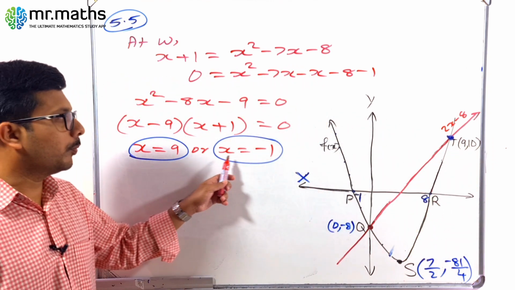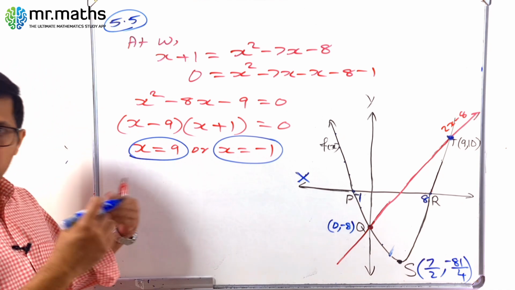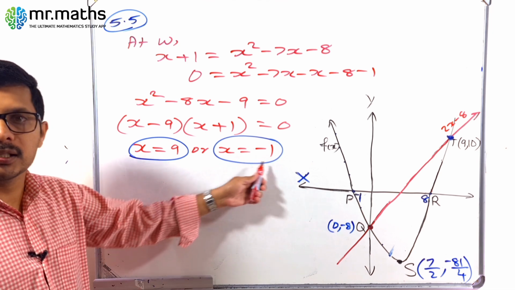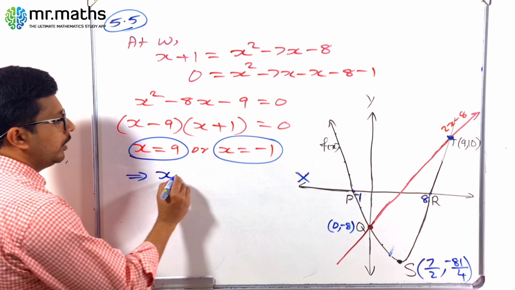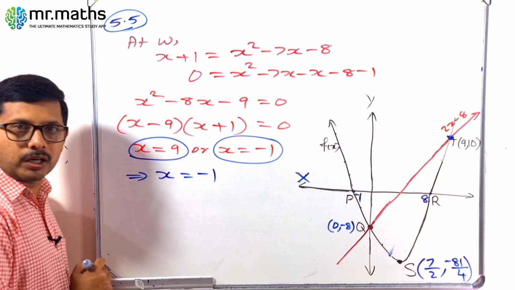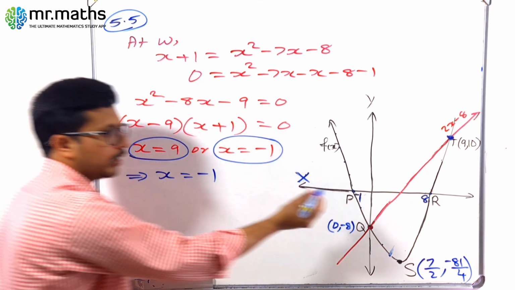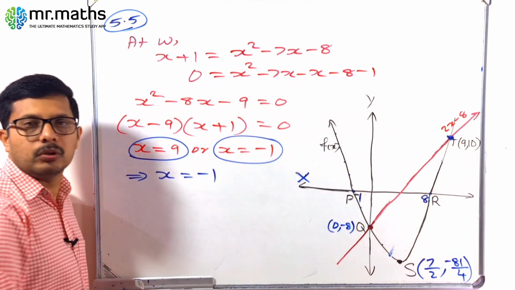We can't take the same point T because W is another point. Am I right? So what is the correct value? x is equal to minus 1, because x is equal to 9 is the point T. So the other point is x is equal to minus 1.